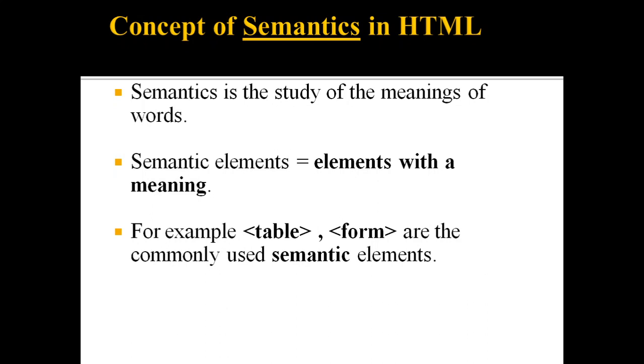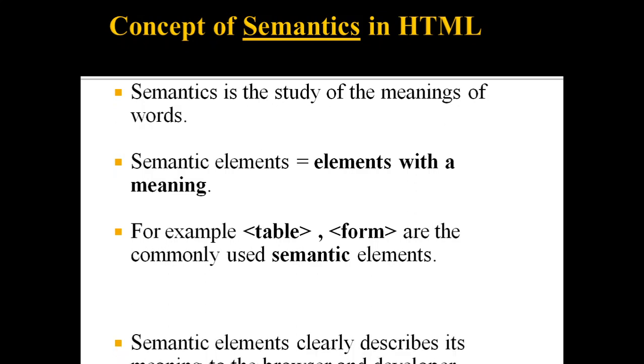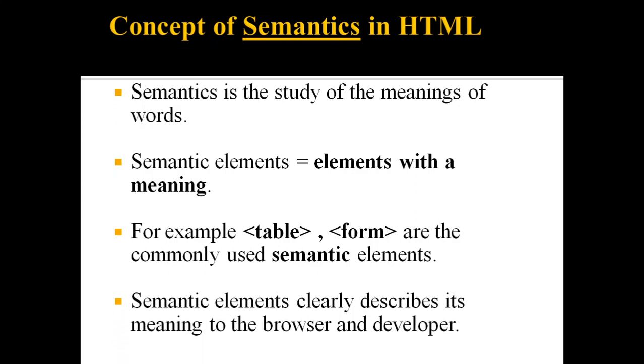Table tells us that data will be displayed in the tabular format. Form tells us that data will be stored in form elements like text box, checkbox, etc. Thus, semantic elements clearly describe their meaning to the web browser and also to the web developer.